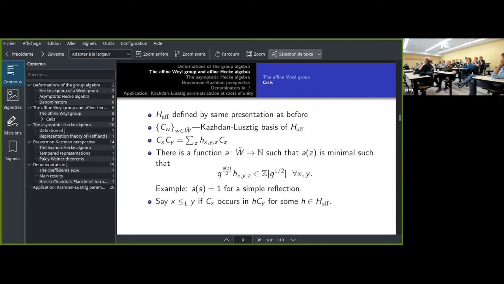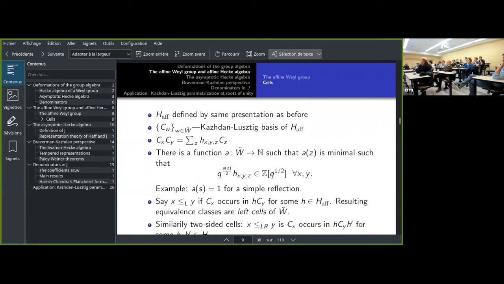You can make a pre-order on the affine Hecke algebra by saying an element is less on the left than another element if you can make it by multiplying against y on the left, and c_x occurs in this. You can make equivalence classes, and these are the left cells of the affine Weyl group.